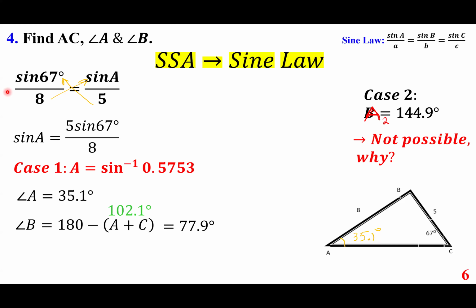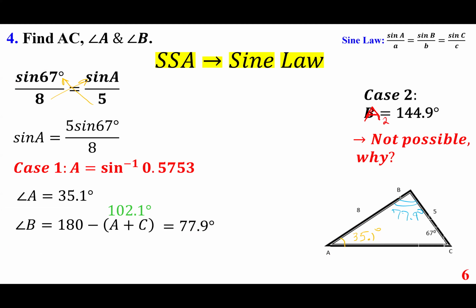We're going to use this known fact with this angle, sine of 77.9, and we try to find AC.